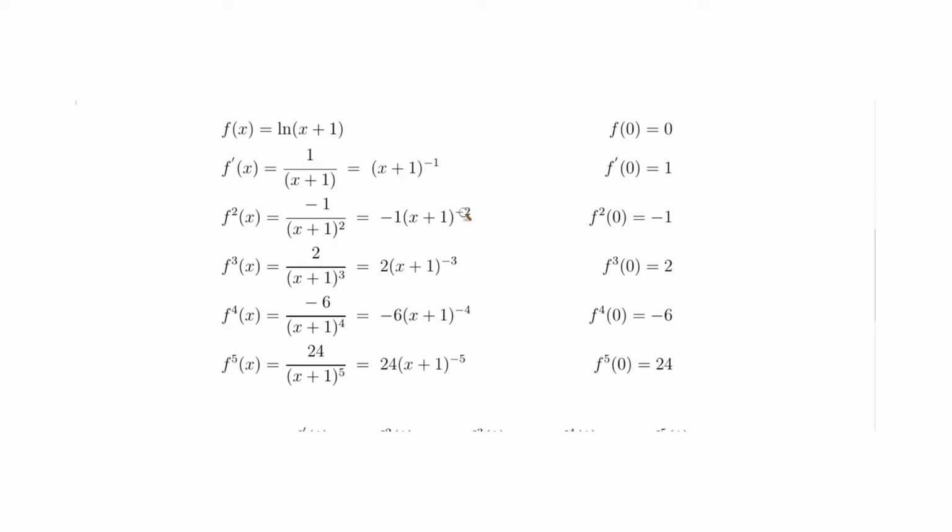And then decrease this by 1 again to get to the minus 3. And again, you can write this in this way. Another way you could have done that would be to get this minus 1 and imagine this 2 is a minus 2, and minus 1 times minus 2, then bring the 2 onto the top and then increase the power by 1. So that way then you go straight to there.